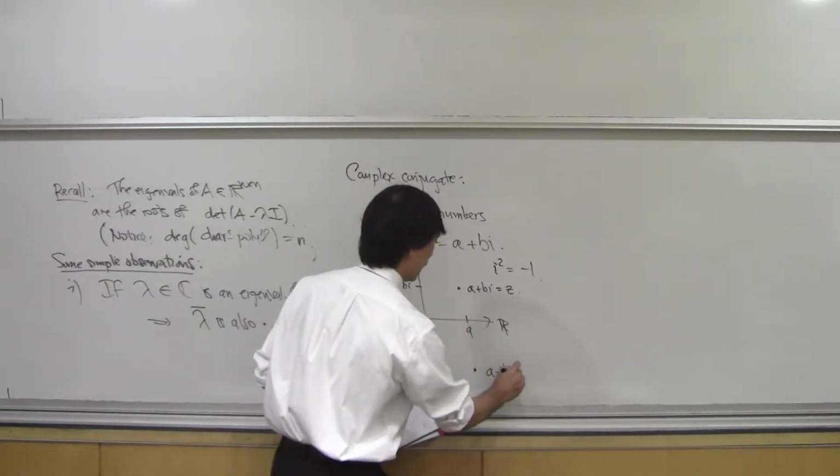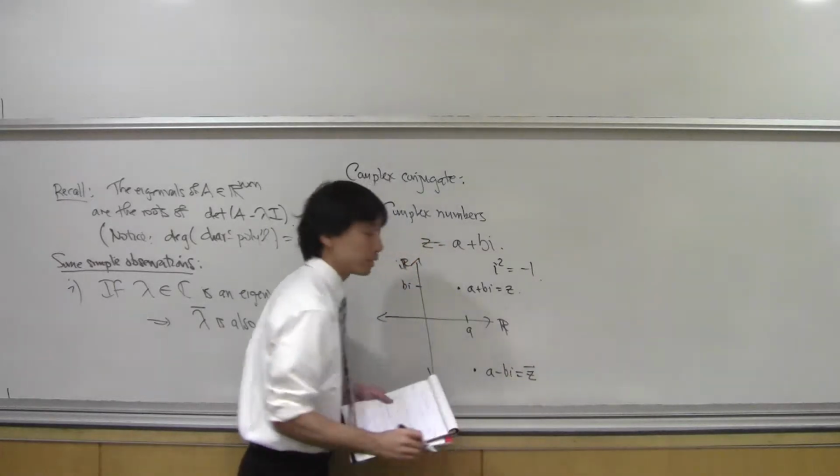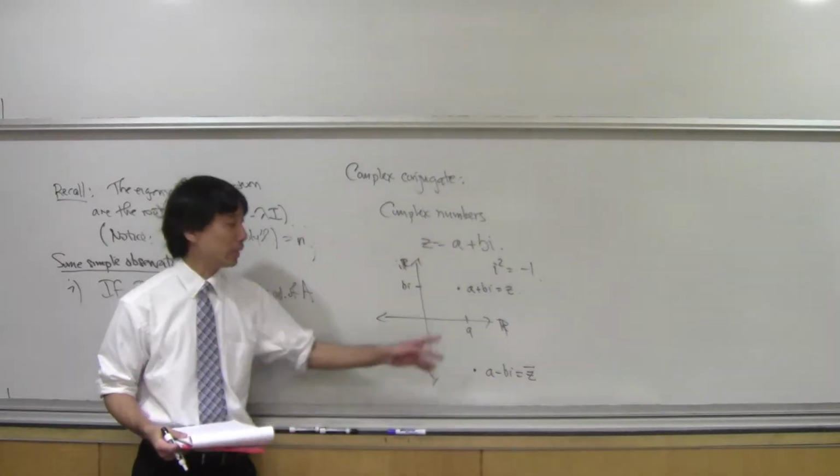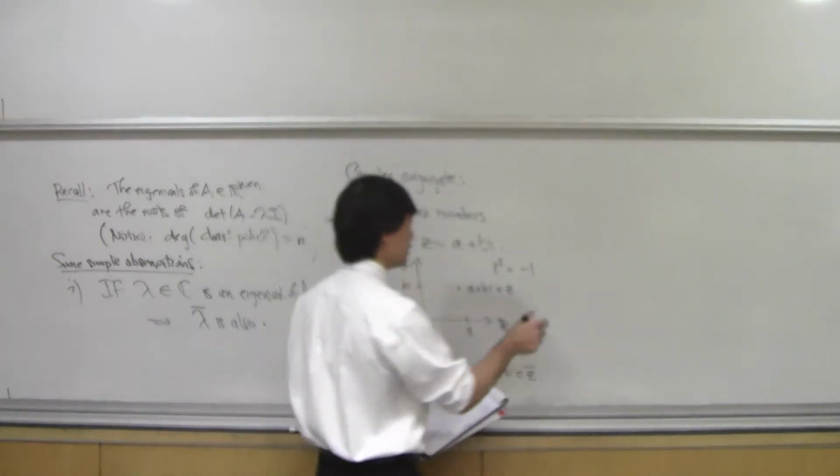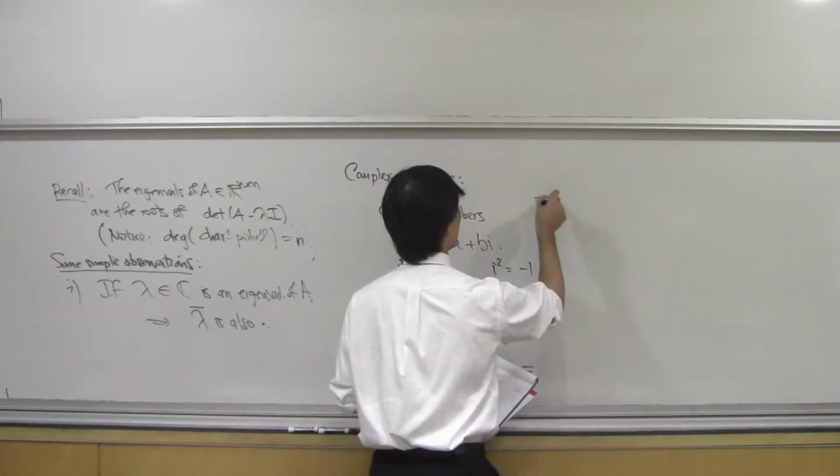a minus bi is called the complex conjugate of a plus bi.